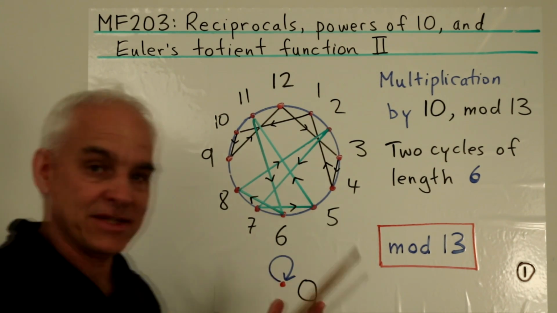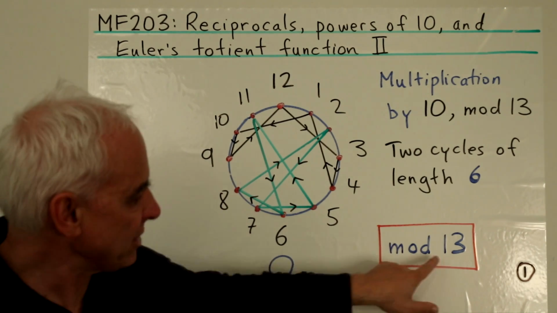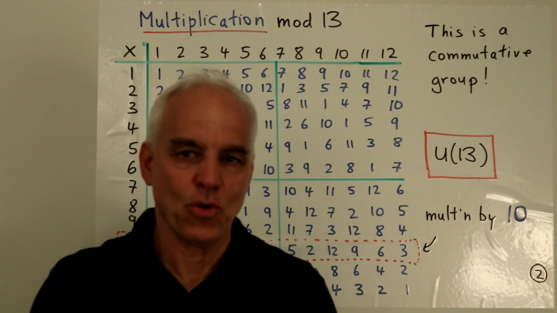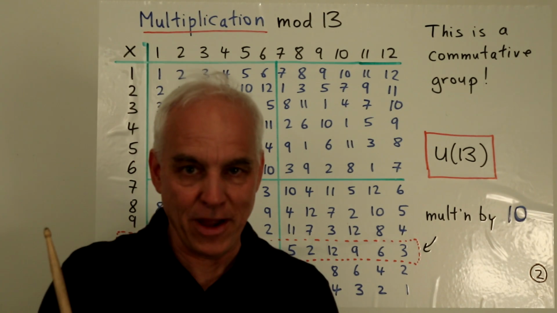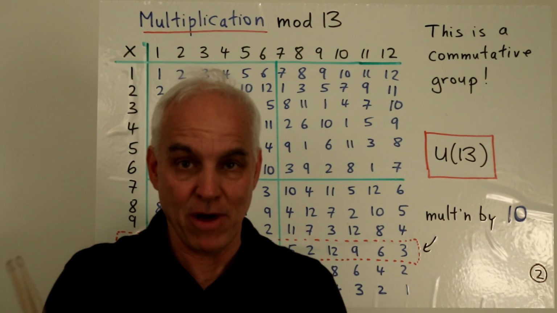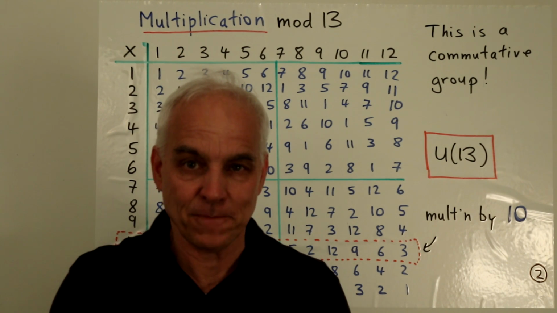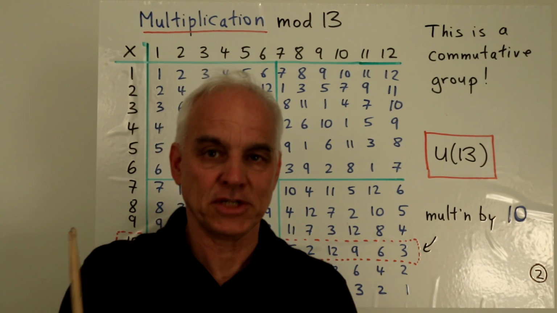We'd like to extend this understanding, and in particular move to more general numbers, not just prime numbers. While that discussion revolved around multiplication by 10 mod 13, we could of course multiply any 2 numbers mod 13, and that's an interesting thing to do.